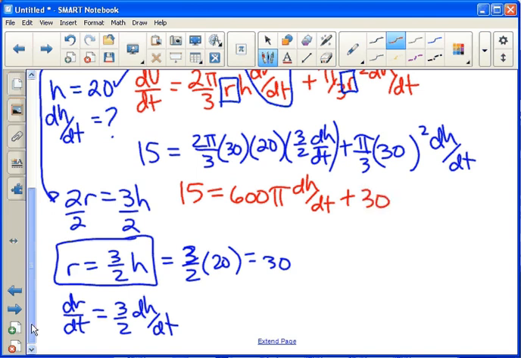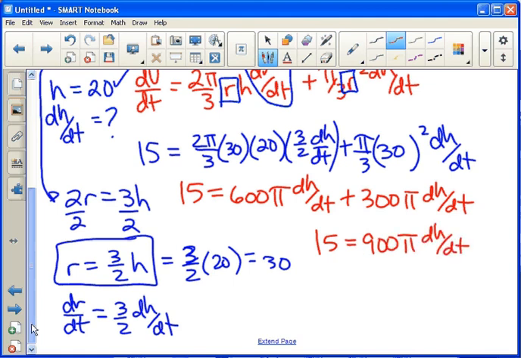So we can combine those and get 15 is equal to 900 pi dh over dt. So we end up with an answer of 15 over 900 pi, or about 0.005305. It's fine to just round to 3 decimal places, so you can put 0.005, and that's completely fine. But that is our dh/dt.